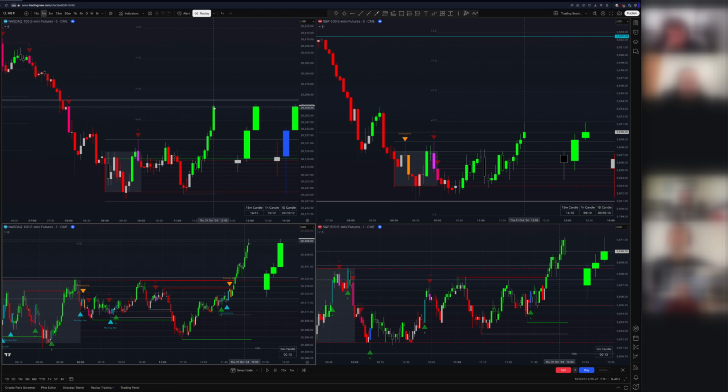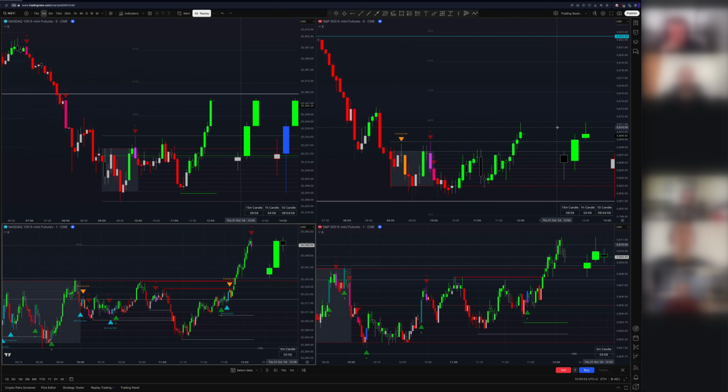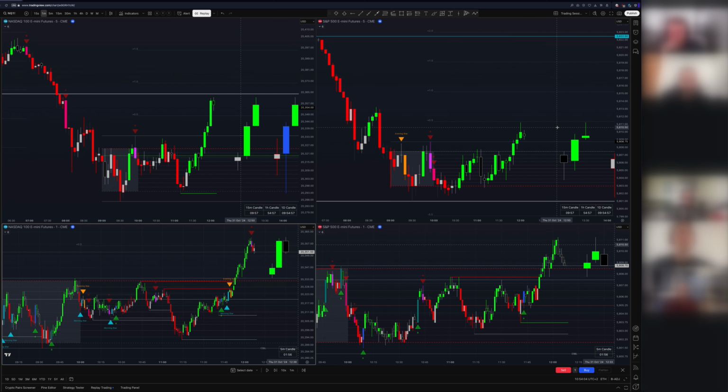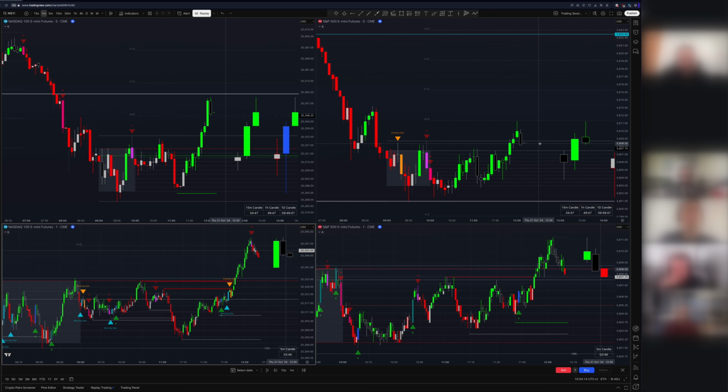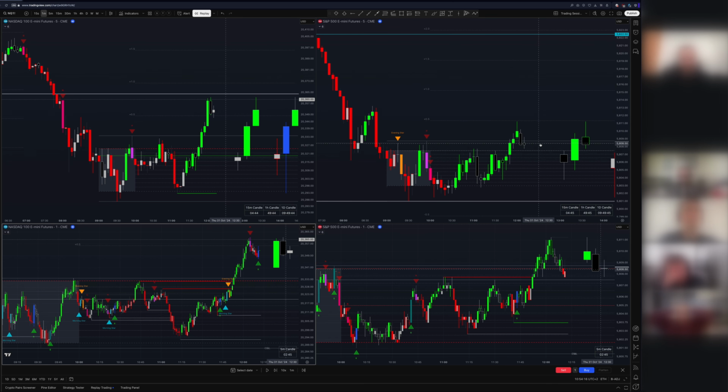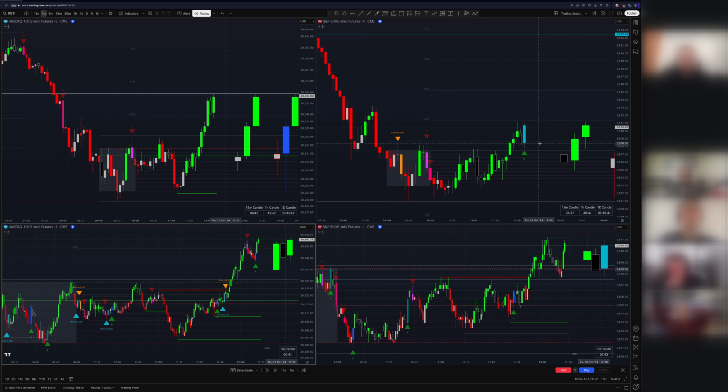This is a nice breakout here. Breaking out above the opening range. In ES, the pullback, and a continuation bar to the upside.